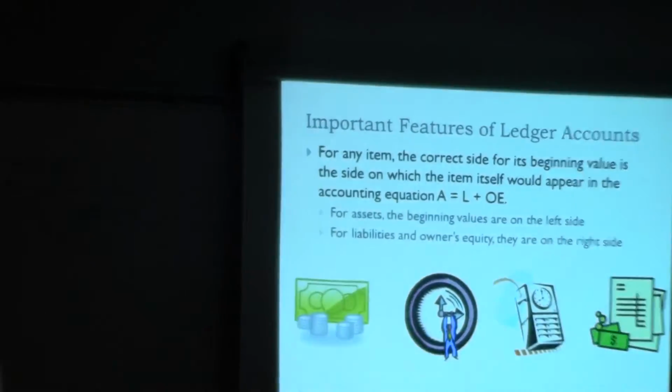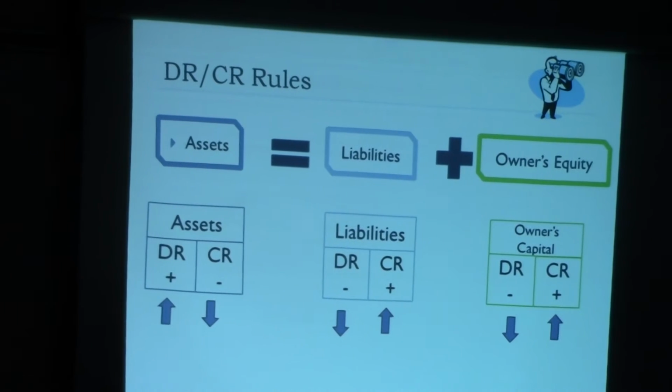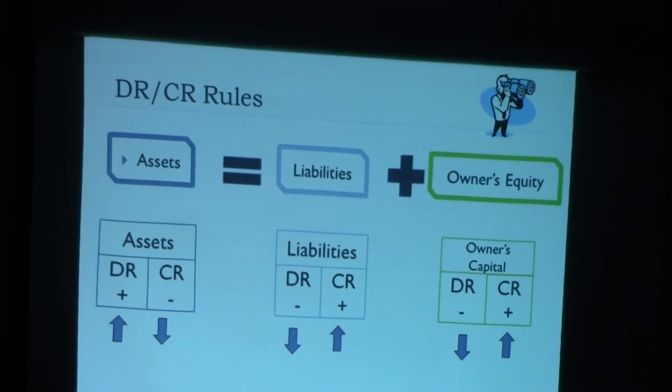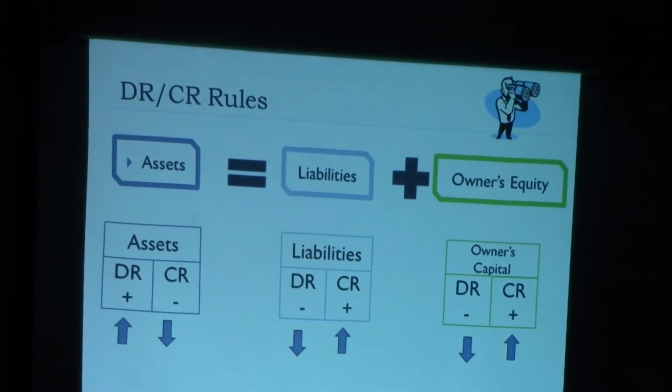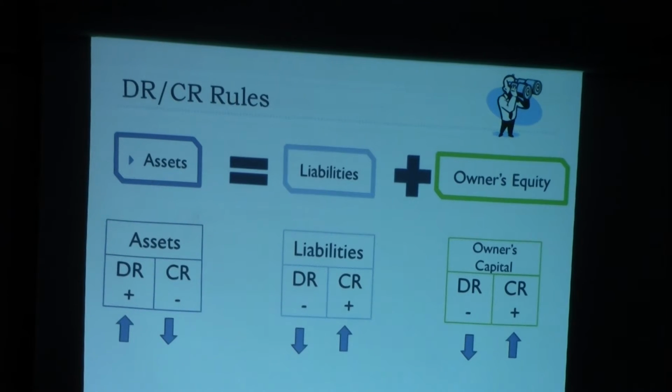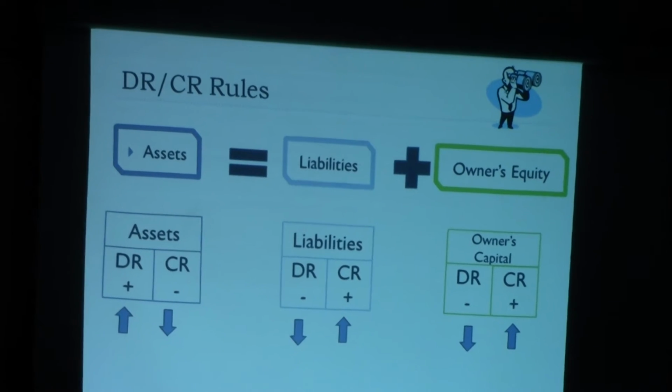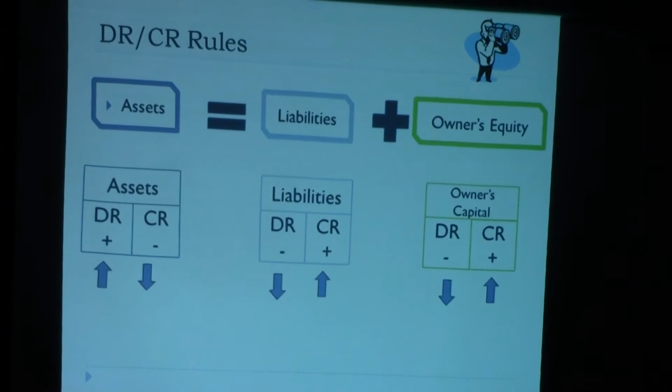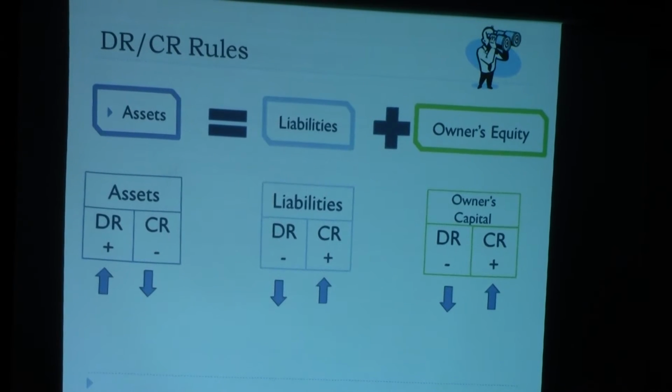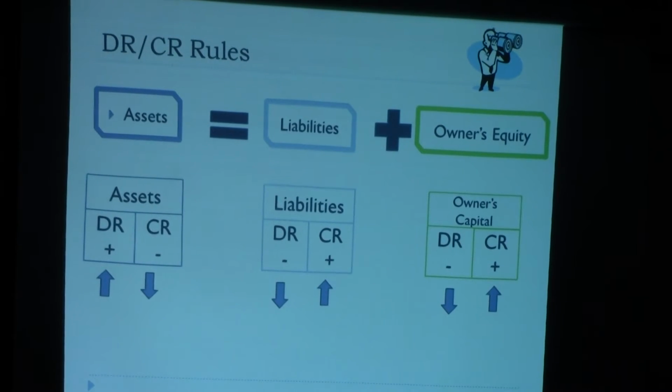Now, this next slide is something that we really need you to understand. I know it's difficult to comprehend some of this material at the first go, but as I had said earlier, as you do exercises and as you do chapter 4 and chapter 5 along with these lessons, you will definitely get a grasp of the accounting rules or the debit and credit rules.